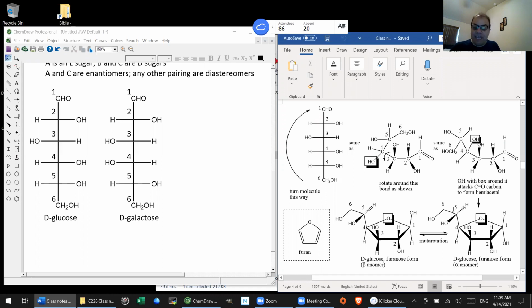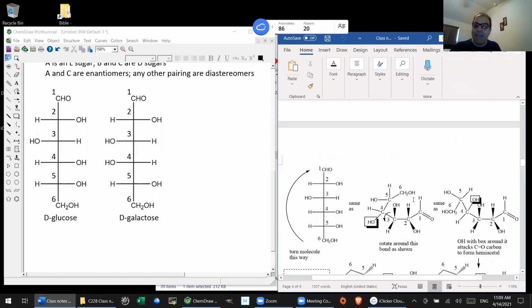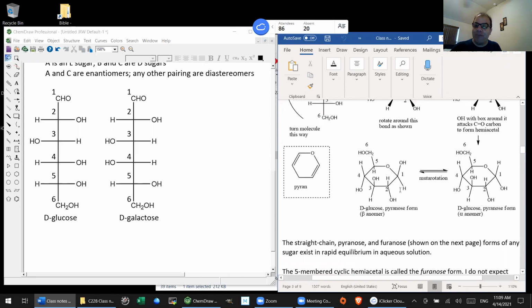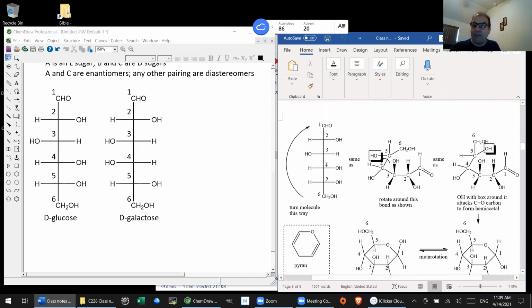And yes, the exact percentages of each of those, how much in the alpha form, how much in beta, same thing with the furanoses, how much alpha, how much beta, all of that is known at probably 1 molar concentration, or maybe somewhat less than that. But the conditions would be specified so that all that is known for a particular concentration, probably at room temperature, of glucose in water, all those percentages of the 2 different pyranoses, the 2 different furanoses, and the straight chain form. I sure don't care if you memorize those, but it's certainly all known.